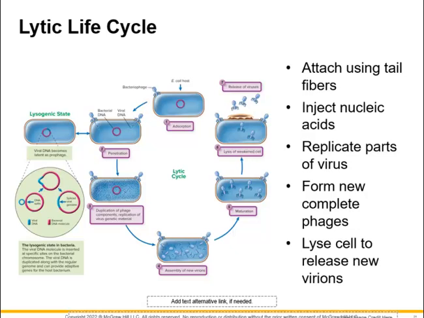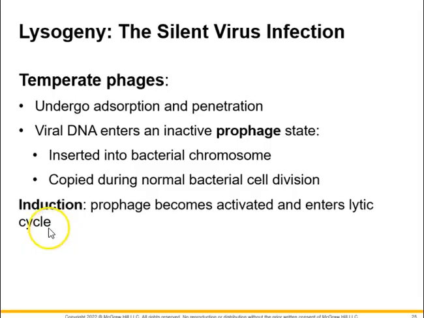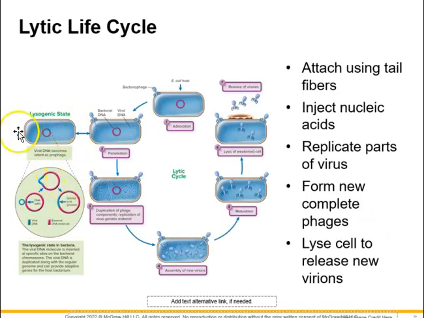Now, we said at some point, so here on the next slide, it talks about induction. It says the prophage becomes activated and enters the lytic cycle. So at some point, it gets some kind of cue, not 100% sure of what this is.